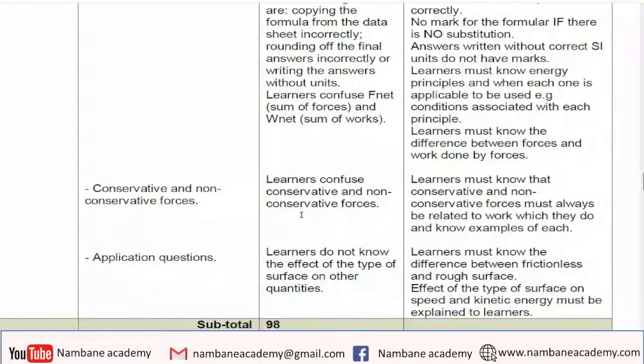If it's friction and tension in some instances, then it means work done by tension plus work done by friction. Many of our learners tend to think that work done by non-conservative forces will be work by friction. It depends on the situation. Yes, when friction is the only force acting on an object, that will be equal to work done by friction. But if you have other non-conservative forces acting on an object, then they need to be included in that formula.